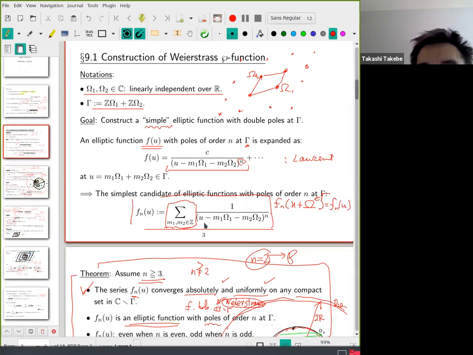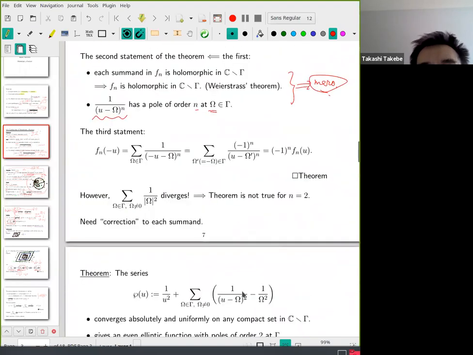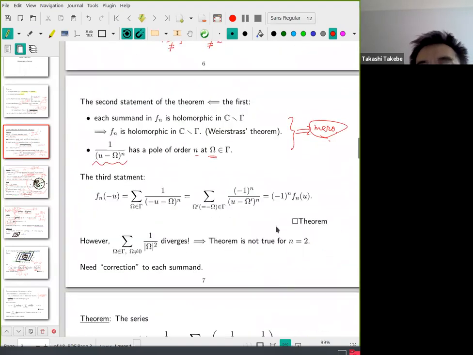Because if we shift this argument, then we can shift M1 and M2 by these numbers, and the sum remains the same. So it is a doubly periodic meromorphic function, which means that it is an elliptic function.